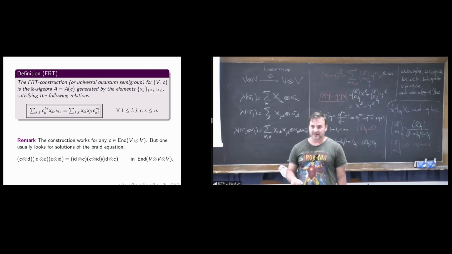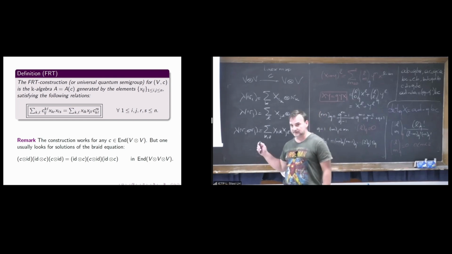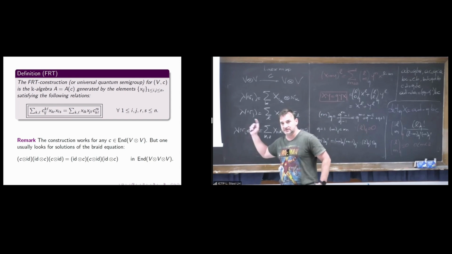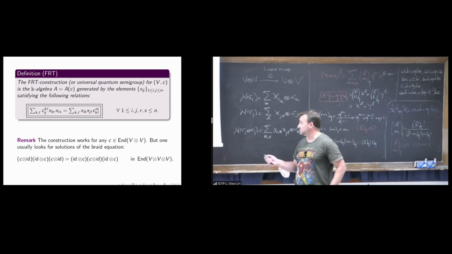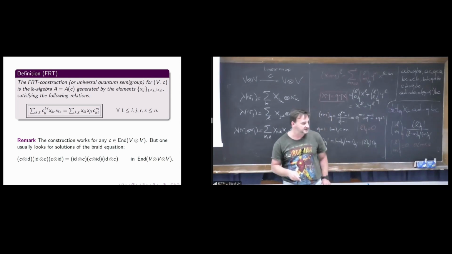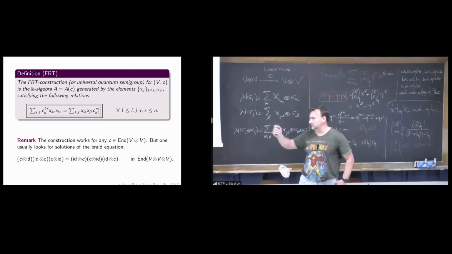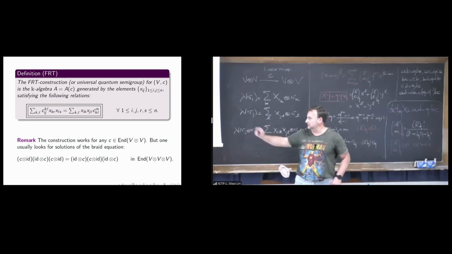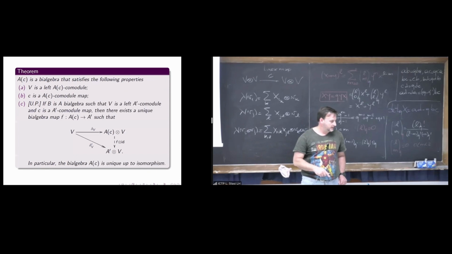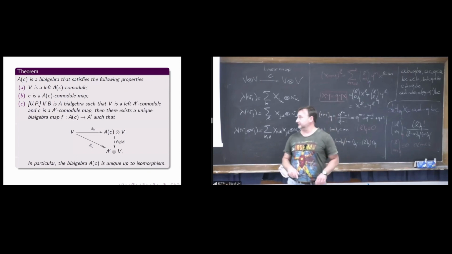This equation is equivalent to the quantum Yang-Baxter equation, which was the origin of this one. This is a method to produce solutions of the quantum Yang-Baxter equation, which is actually equivalent to the braid equation, and we work with the braid equation, which is easy to write.